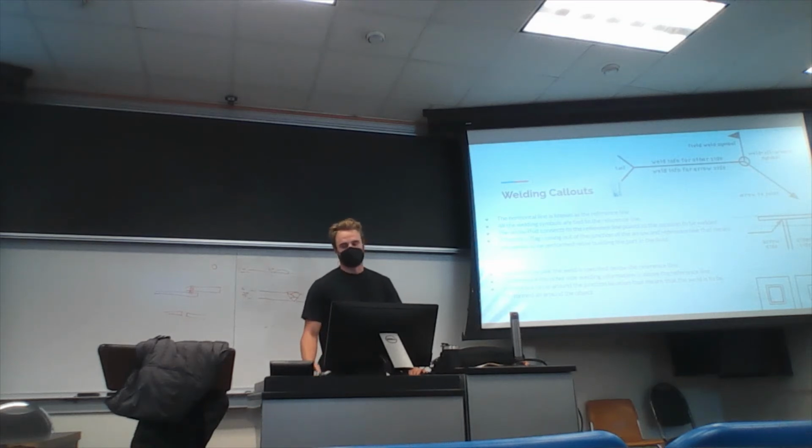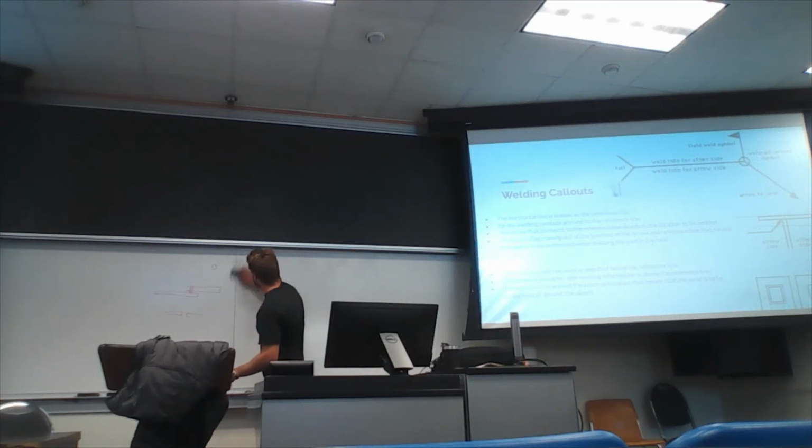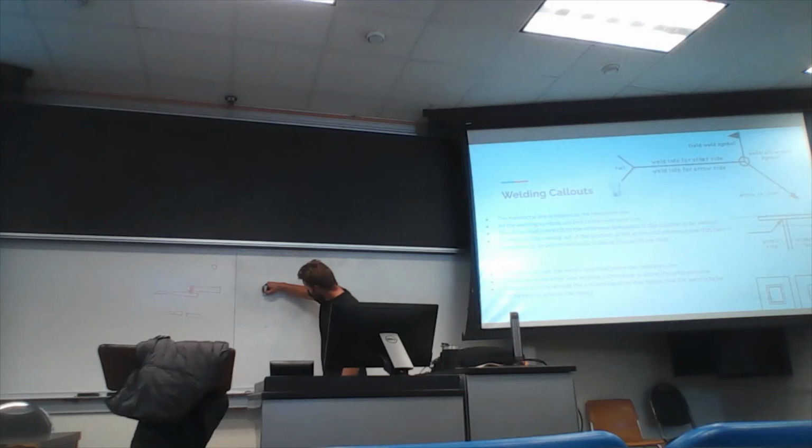The horizontal line is known as the reference line. So, when you are doing a weld and you want to call it out, you have an arrow pointing to where you want to weld, and a horizontal line.